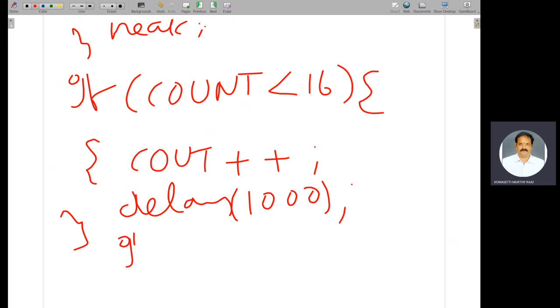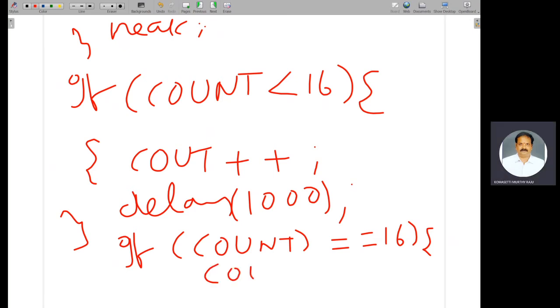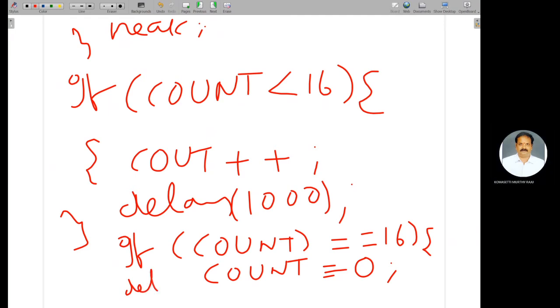If count is equal to 16, then set count again to 0, delay 1000 milliseconds, and that is closed.